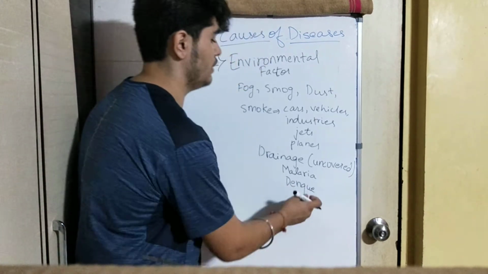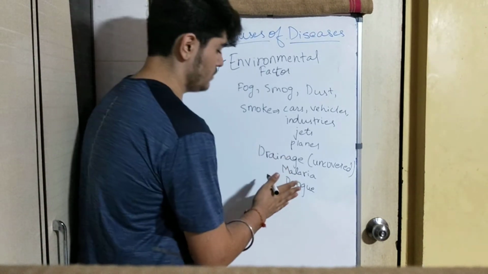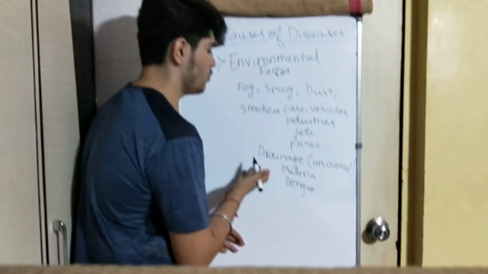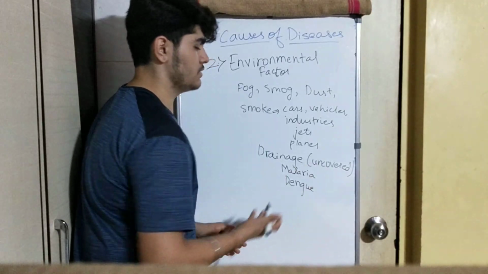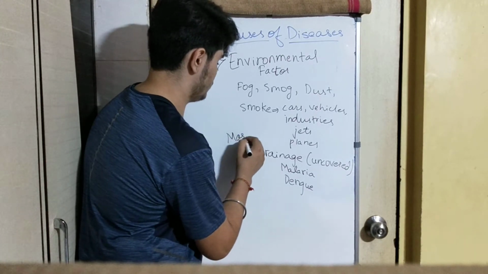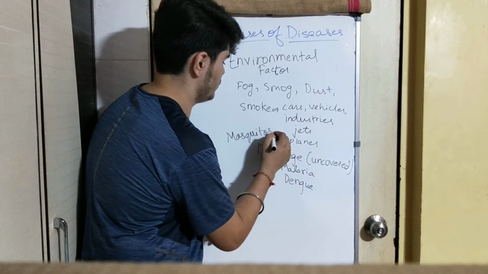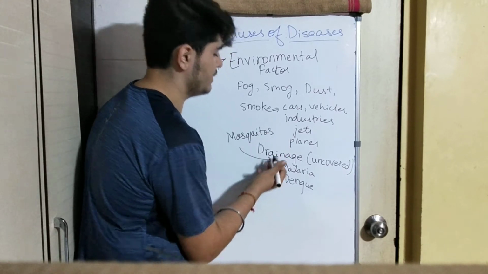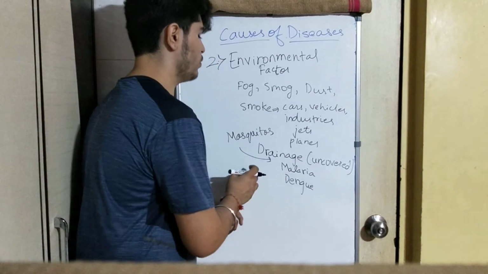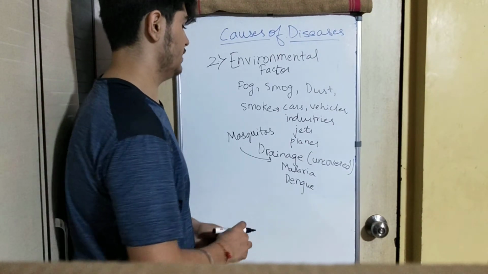Malaria and dengue are caused due to drainage systems because the mosquitoes lay their eggs in these drainage systems, and due to which you can get different types of diseases, that is malaria, dengue.